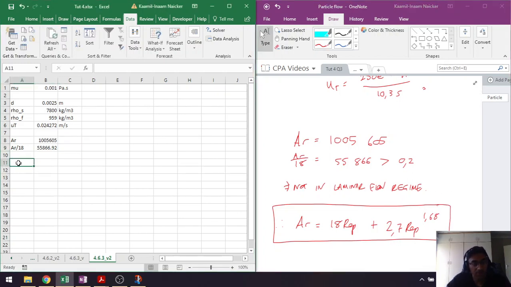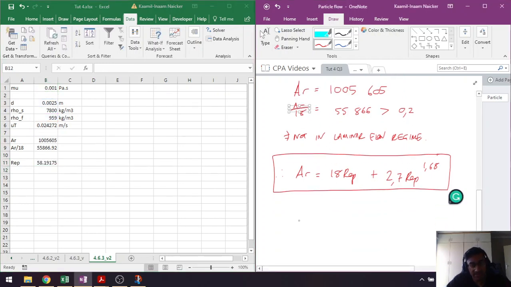So I will quickly just work out the Reynolds number of the particle, and that will be equal to the diameter times the velocity times the density of the fluid. Very important to keep that in mind. And you divide that by the viscosity, which is actually unknown.